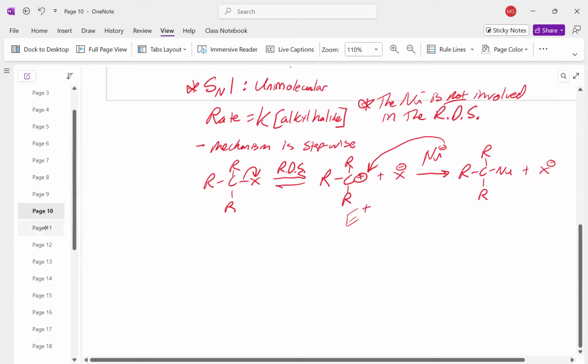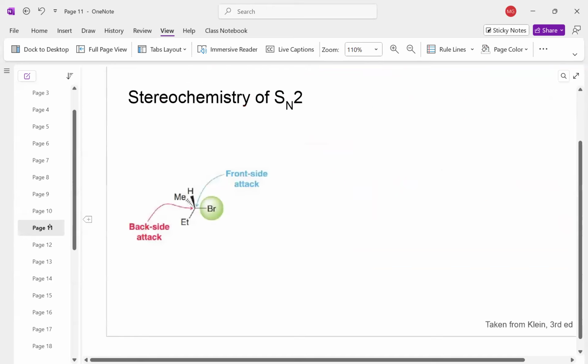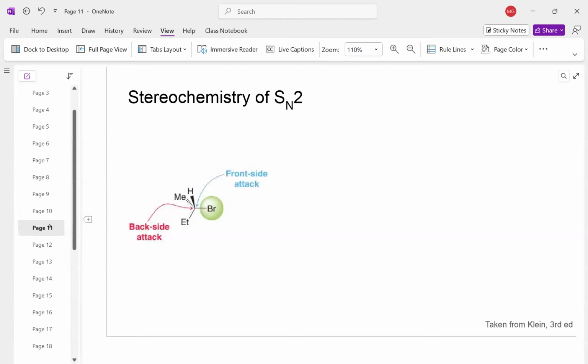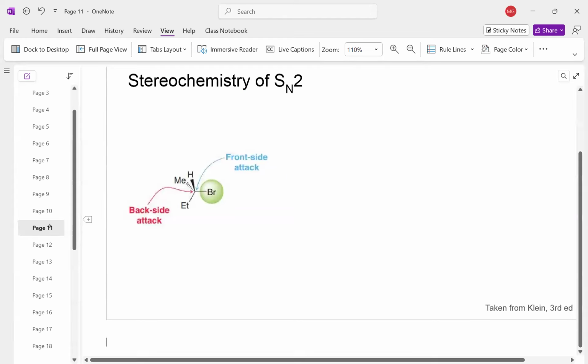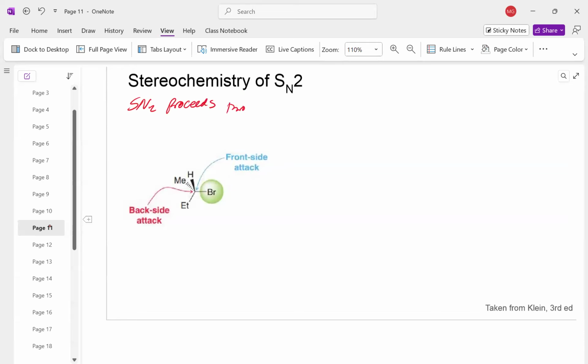Now I'm going to start by talking about SN2. It's kind of the easier one to grasp right now. And an SN2 proceeds through what is called a backside attack.